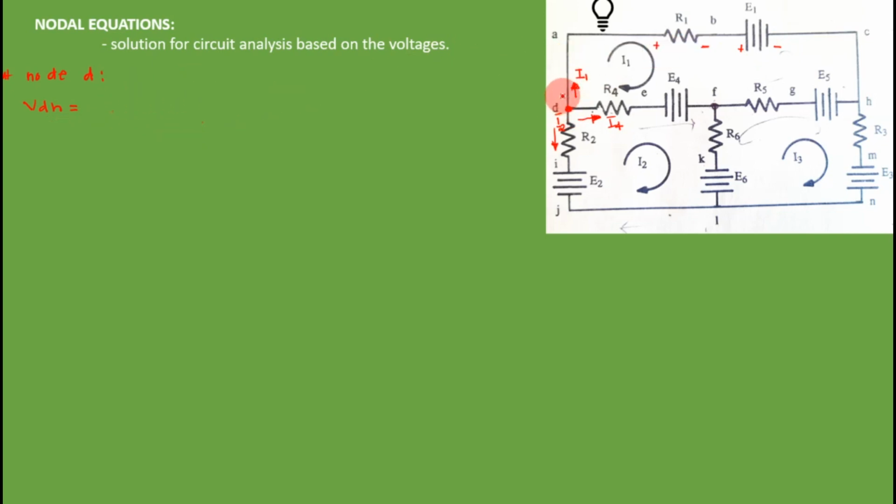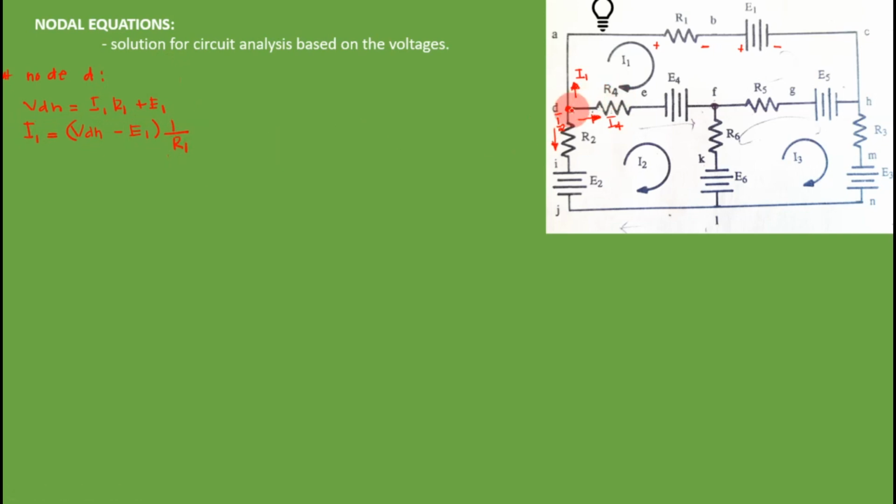This one is positive, this is more positive. And at this point, we know that I1 multiplied by R1, and the sign of this voltage is positive. This battery is in the same polarity with this one. So therefore this is plus E sub 1, and we can solve for I1 here using algebraic manipulation. That is V sub DH minus E1, and this will be multiplied by 1 over R1.